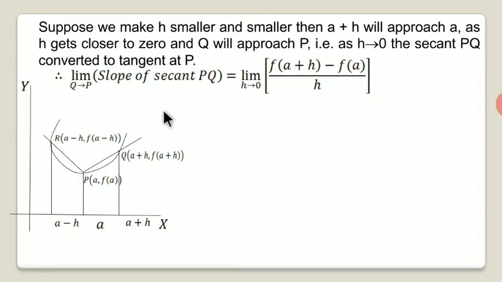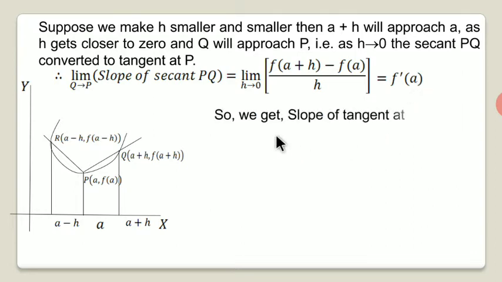This is the slope of secant PQ. Okay. And so we know it is nothing but the derivative of the function f of x at x is equal to a. And so we get the slope of tangent at P is equal to f dash of a.